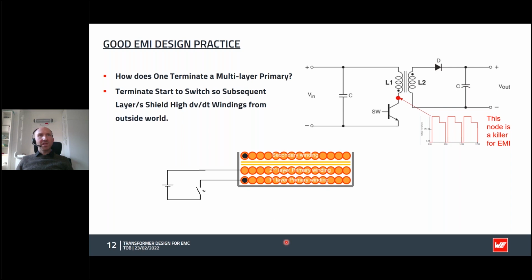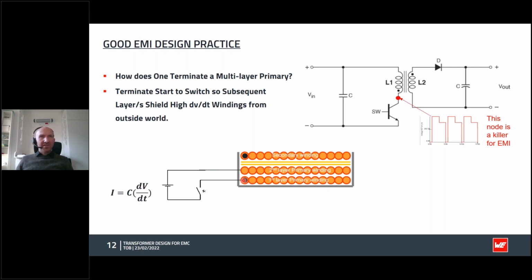Typically when we're winding the transformer, the best practice is to keep this noisy node as far away from this primary secondary boundary as possible. This won't really have any effect on the capacitance itself. We saw the capacitance was basically a function of the geometry, but the noise current that flows from the primary to secondary is a function of not only the capacitance, but also the rate of change of voltage, the dV/dt of the voltage.